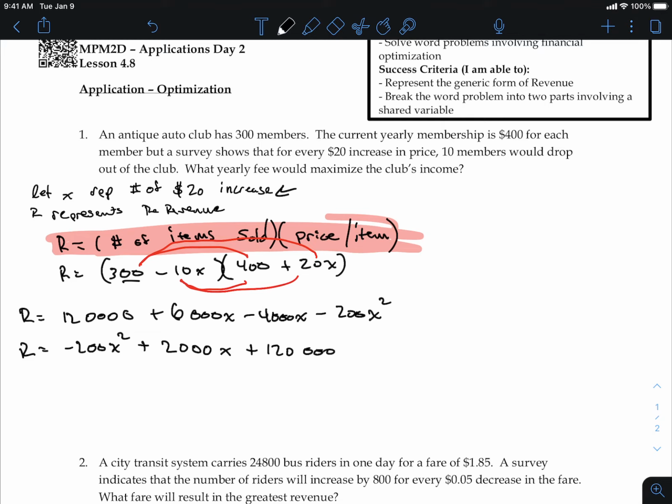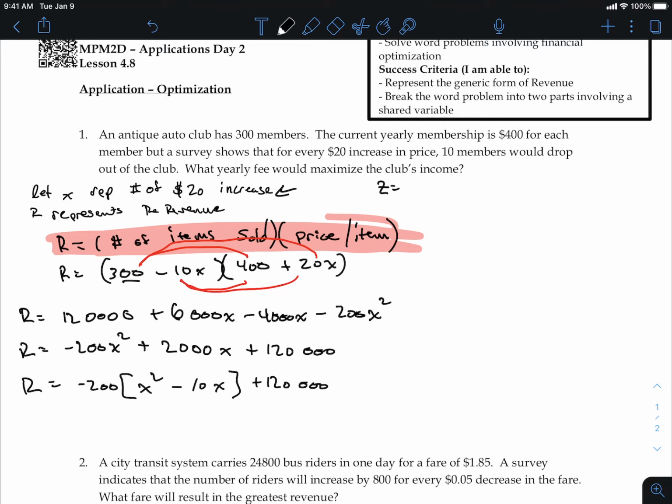What's step 1 of completing the square? Gotta get x squared by itself, so I have to take the negative 200 out. Okay, now what?